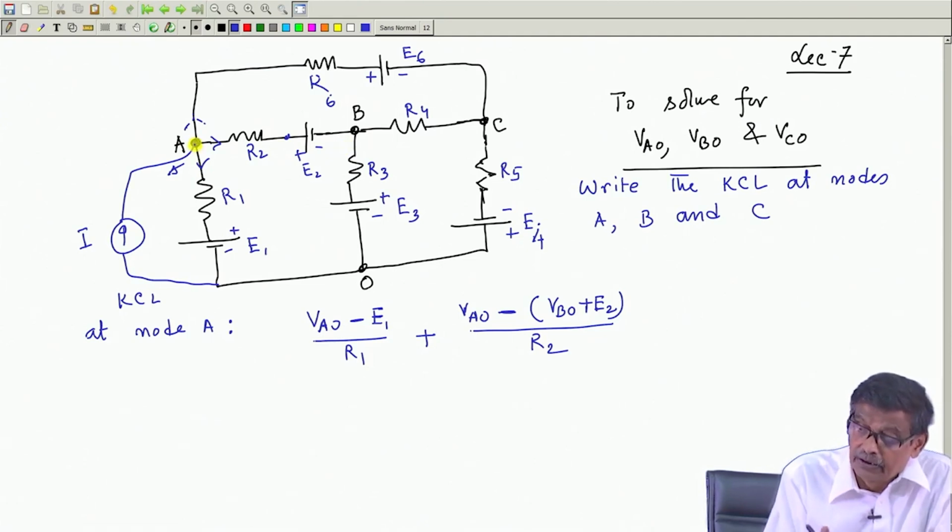There are altogether 4 currents branching off from A. Two I have taken.